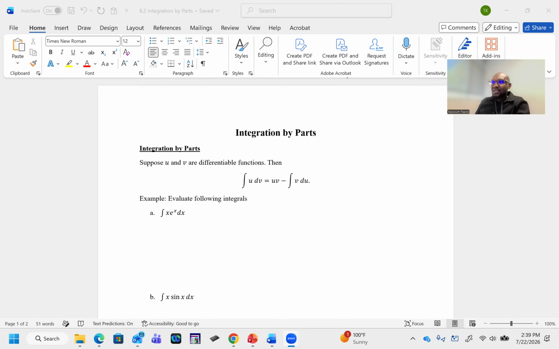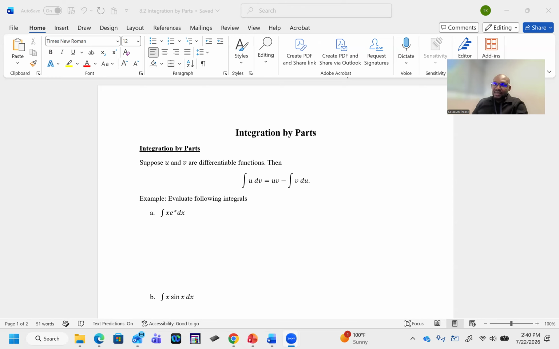The presence of a product in the integrand often suggests integration by parts. We split the product x e to the power of x into two factors, one of which must be identified as u and the other as dv. The power of x is often a good choice for u.